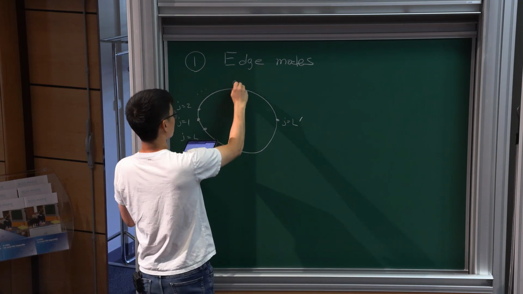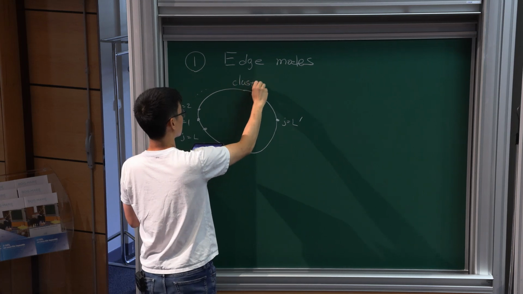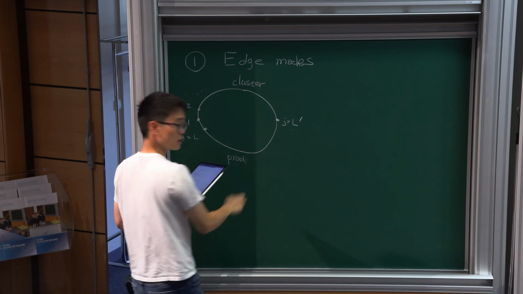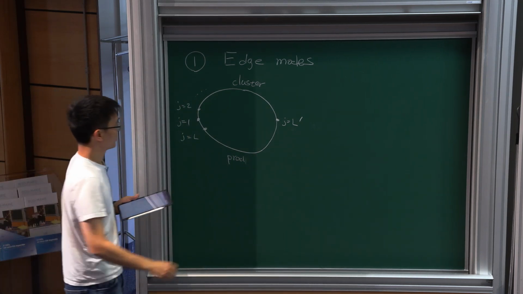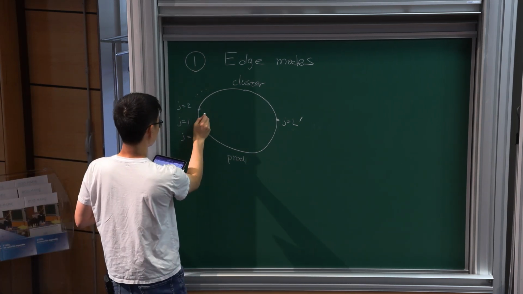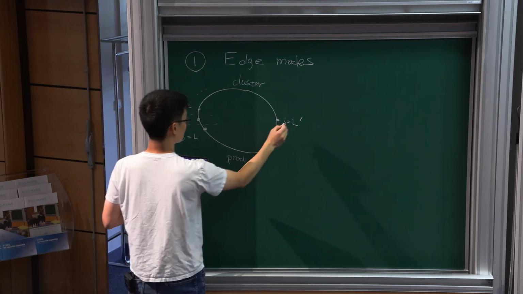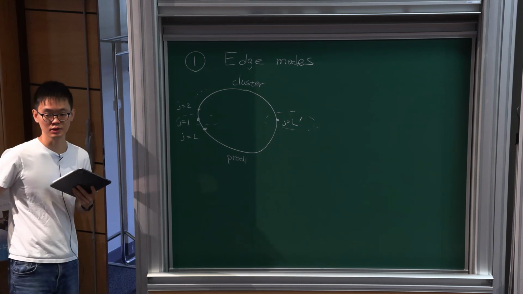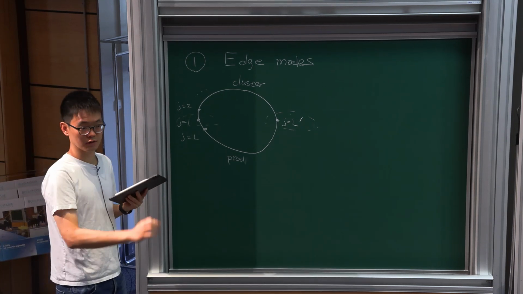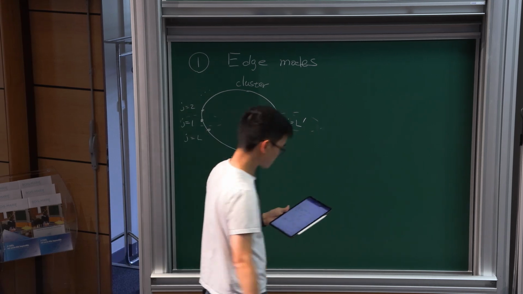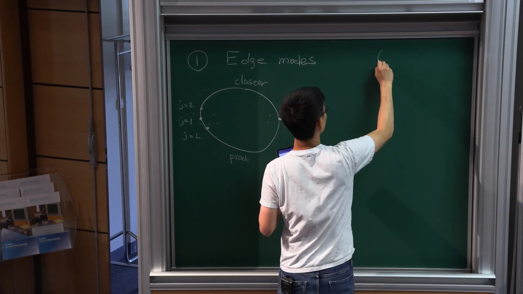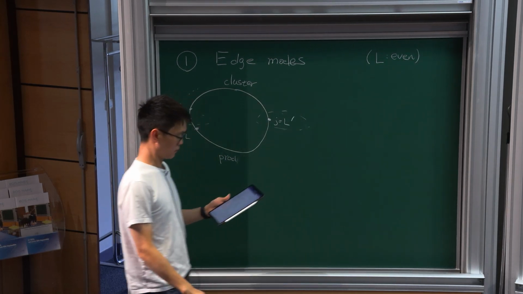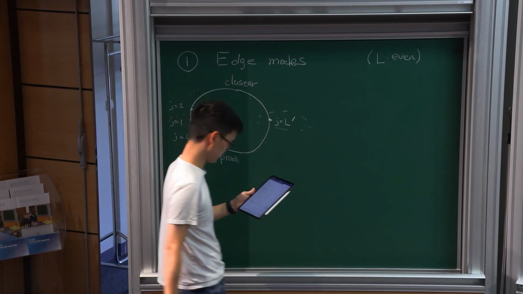In this half, I'm going to put the cluster Hamiltonian. In this half, I'm going to put the product Hamiltonian. And the interface is here and there. And the claim is that you are going to see non-trivial edge modes at the two interfaces. And as throughout, I'm going to assume L to be even. Later, I'm going to assume L to be a multiple of 4 for simplicity.